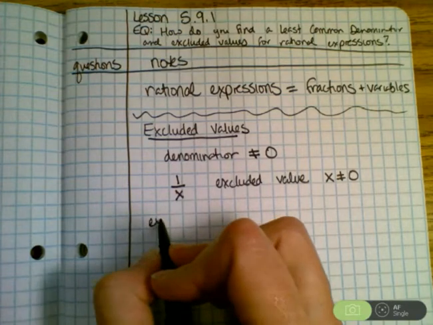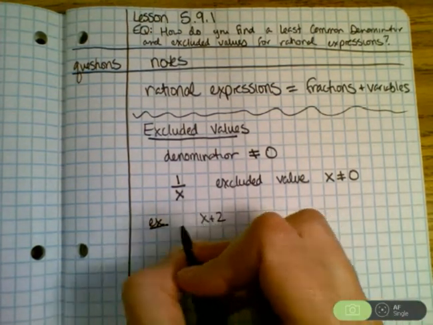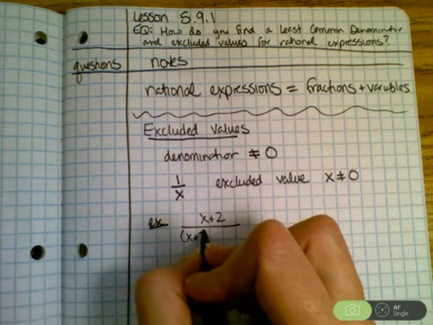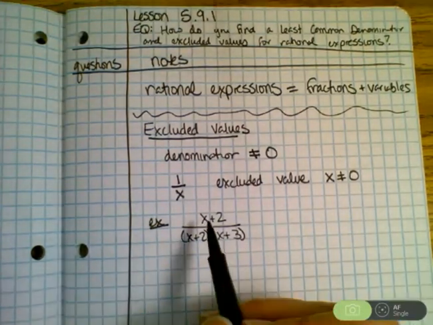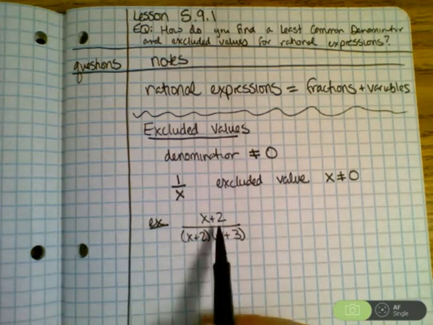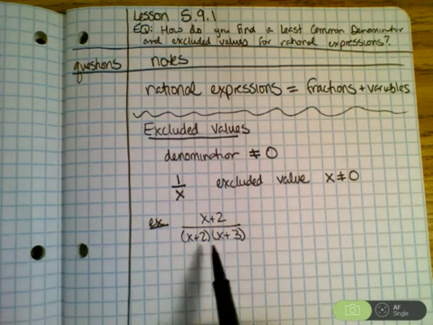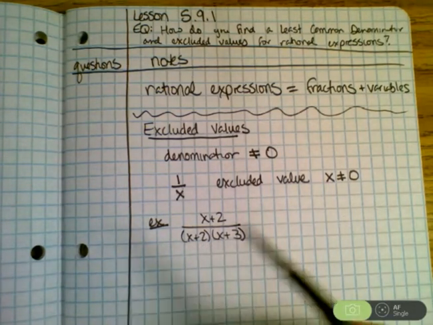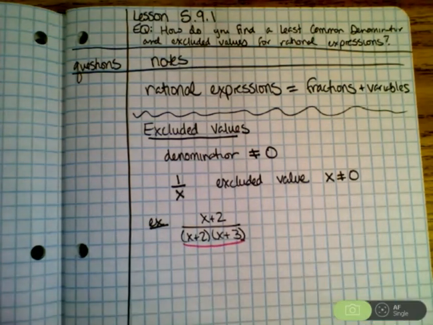So an example of that would be if you had x plus 2 divided by (x plus 2) times (x plus 3). This is a really simple example of a rational expression. It's already factored for you. You'll see in a minute why that's so important. What we do is we look at the denominator, and that denominator is what can't equal 0.